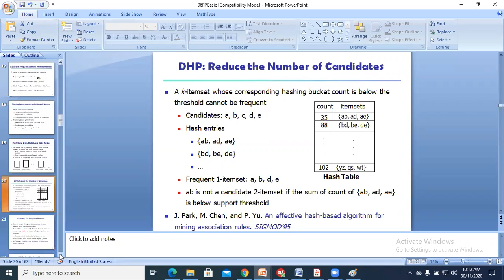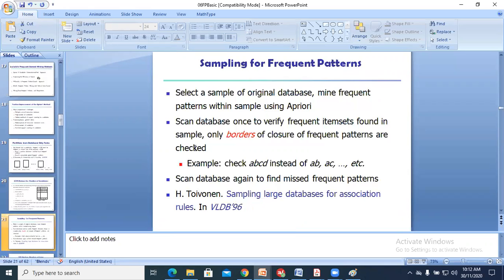So again, we have the sampling of frequent patterns. For example, we take 10 samples from the 1 lakh transactions and mine the frequent patterns within a sample using Apriori.